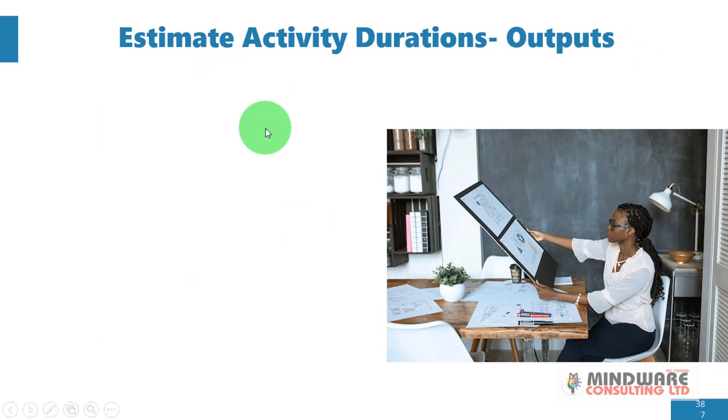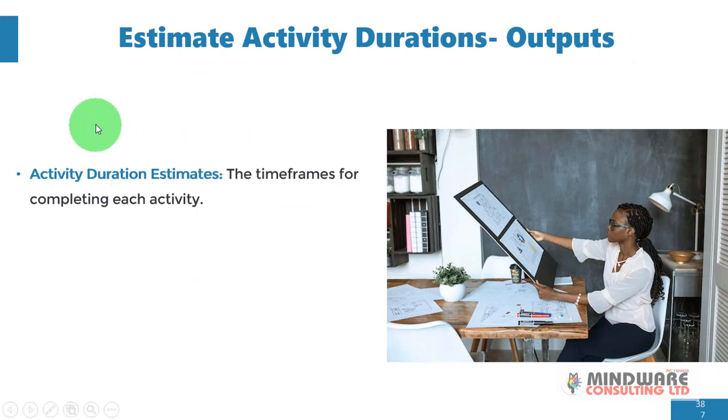So what are the outputs in this process? Now, the major output from this estimate activity durations process is the activity duration estimates. This includes the time frames for completing each activity. So at the end of this process, you will know exactly the duration of each activity in each phase of the project.